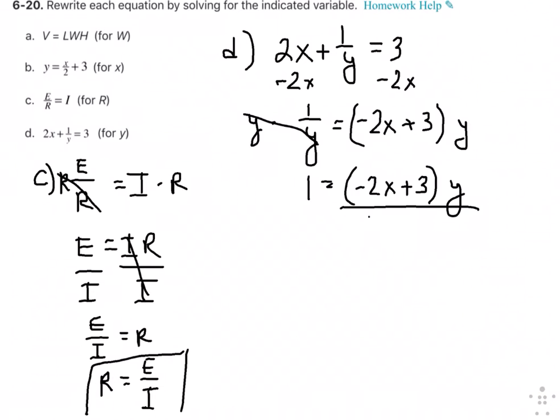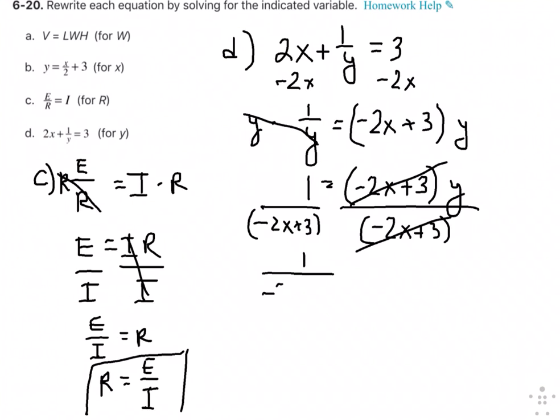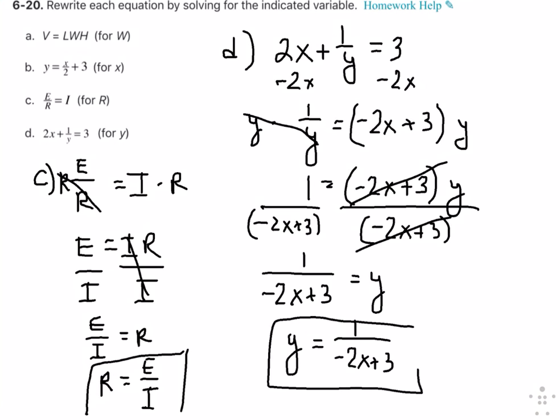So I'll just divide both sides by negative 2x plus 3, and this one will cancel, and I'm left with 1 over negative 2x plus 3 equals y. And we would rewrite that as y equals 1 over negative 2x plus 3, or y equals 1 over 3 minus 2x. Either way is fine.